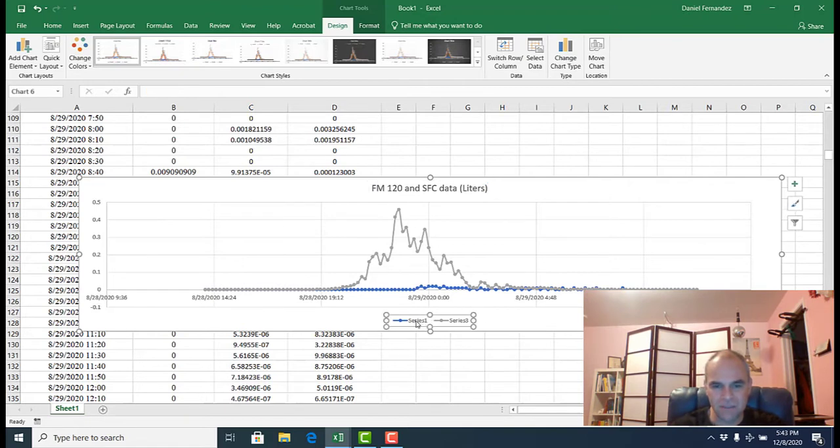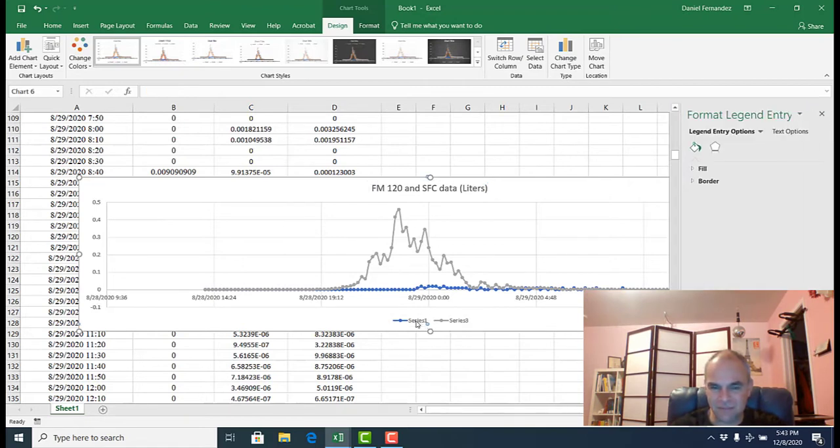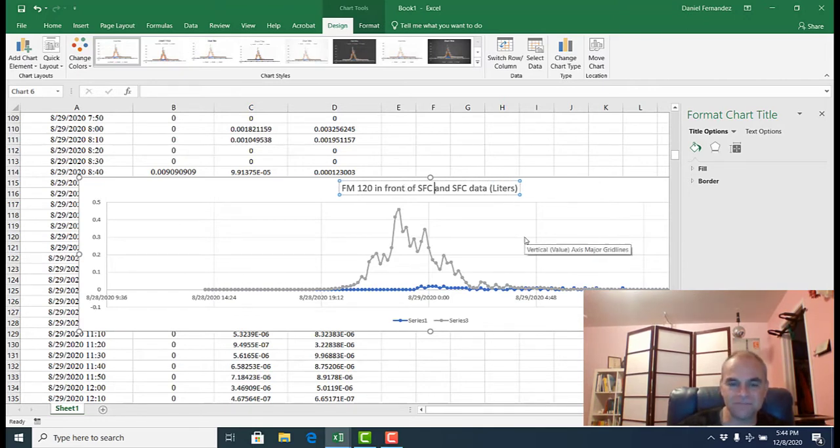Series 1, the blue one here, is the SFC. Series 3 is the FM-120 that's in front of the fog collectors. So I should say FM-120 in front of SFC and SFC data. Both are in liters. I may have to go into Excel to change the series names.